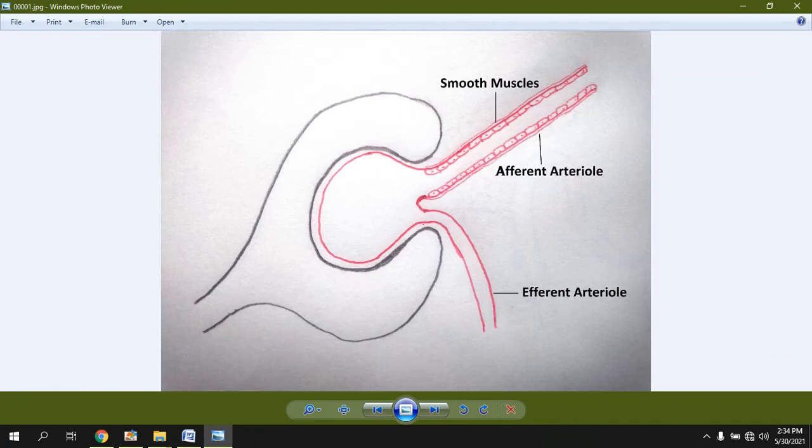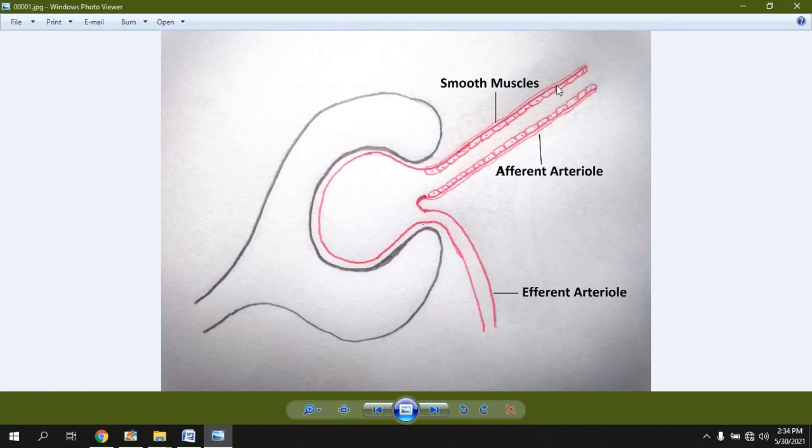Before going to the mechanism, I am going to show you some anatomical structures. In this slide you can see that this is the renal corpuscle, this is the Bowman capsule, and this is the glomerulus. The Bowman capsule and the glomerulus are combinedly known as the renal corpuscle. This is the afferent arteriole and this is the efferent arteriole.